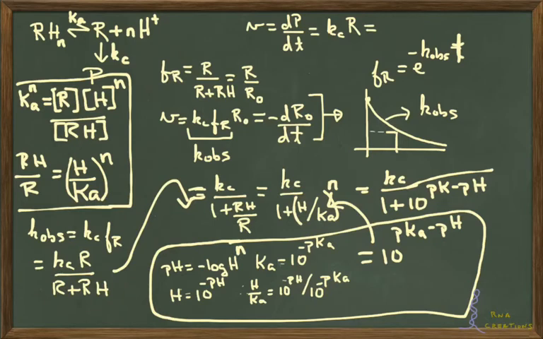Then it ends up being minus n log of H, which is n times the pH, like that, on both sides. So you end up with an n here, and an n there.